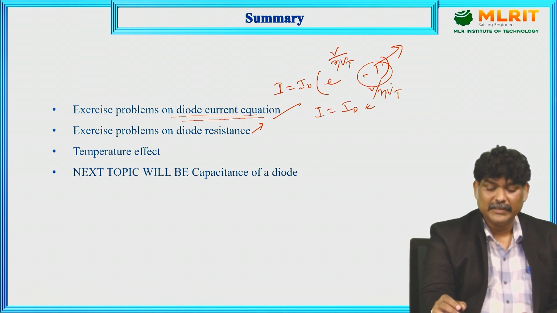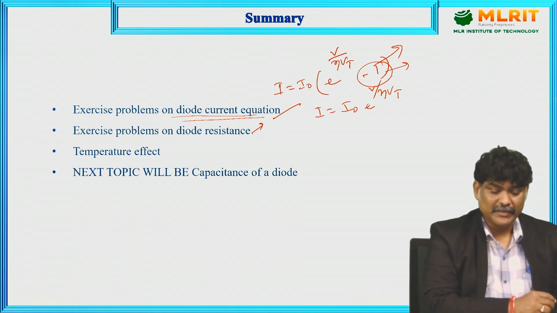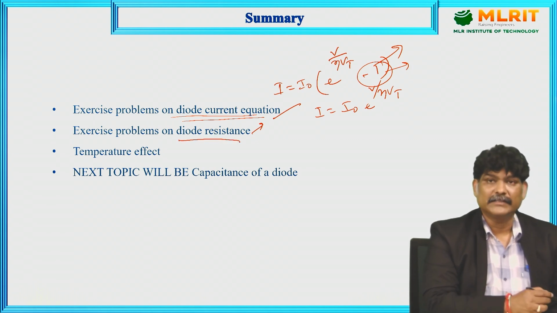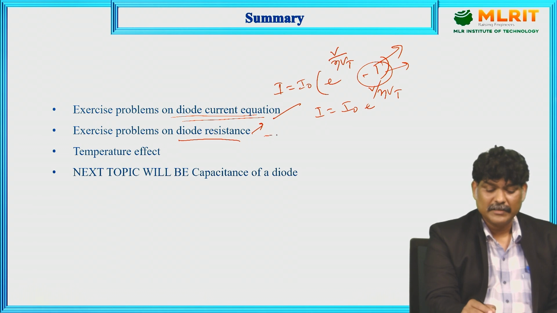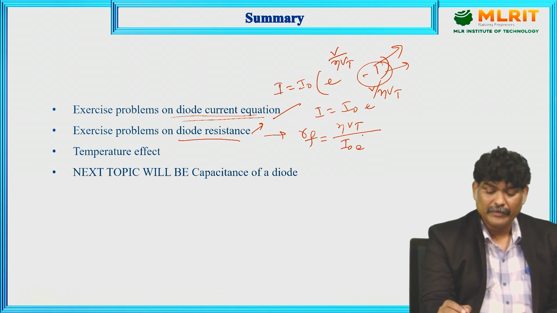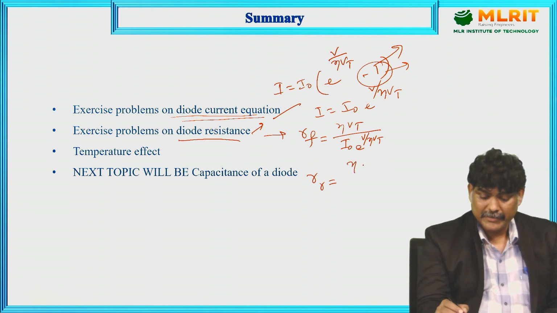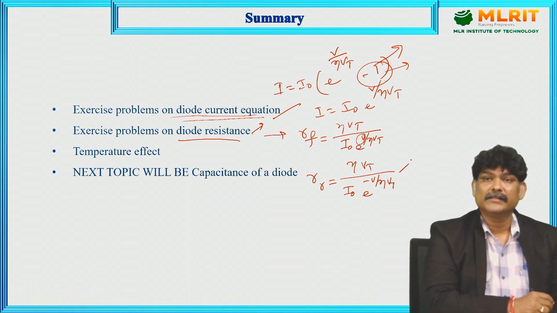And similarly diode resistance. In forward bias, it is eta VT by I naught into e power plus V by eta VT. And what about RR? In reverse bias, we have to change the polarity of the applied voltage: eta VT by I naught into e power minus V by eta VT. This we studied in the previous session.